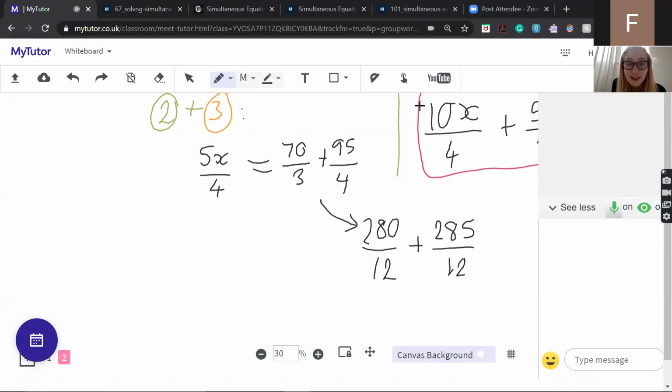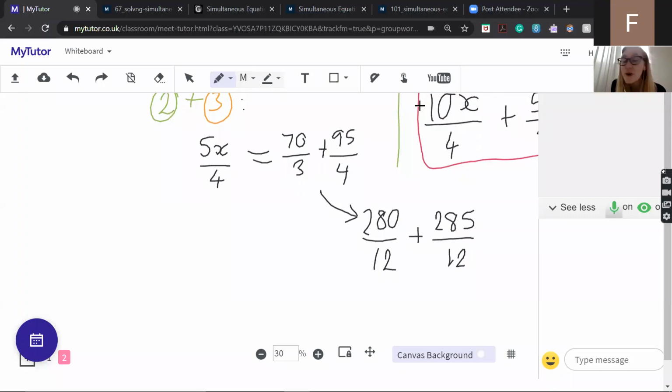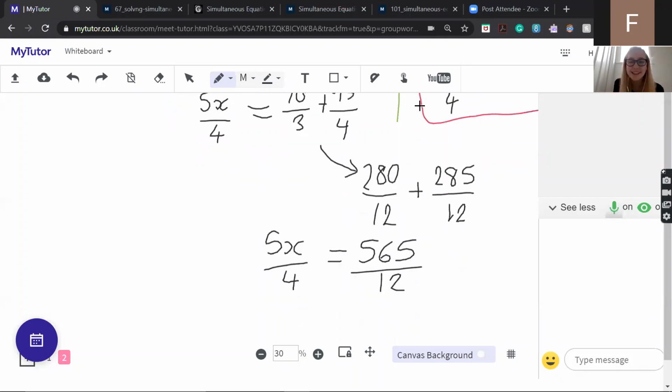These are really horrible questions, this. I don't think you'd get one like this. Or if you did, maybe do the second way that I'm about to show you, but this is always good practice. So then when we add these two equations together, we get 565 over 12, I think. Yep, so we get 5x over 4 equals 565 over 12.